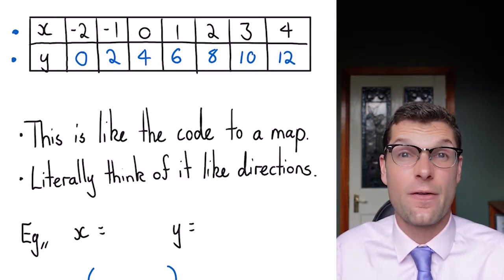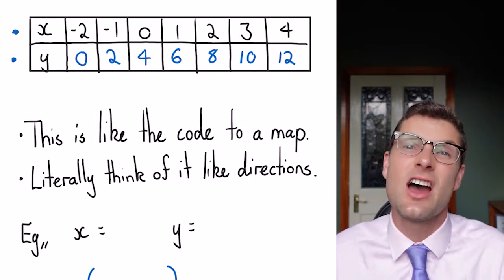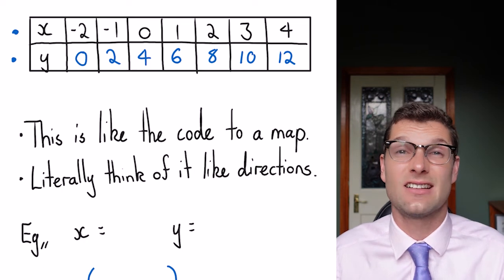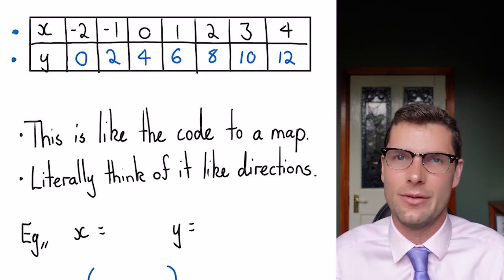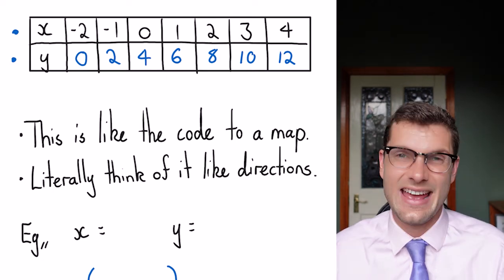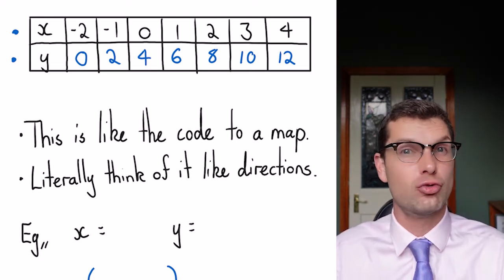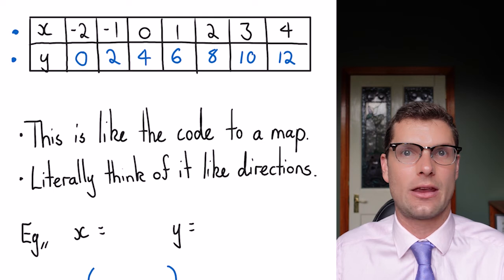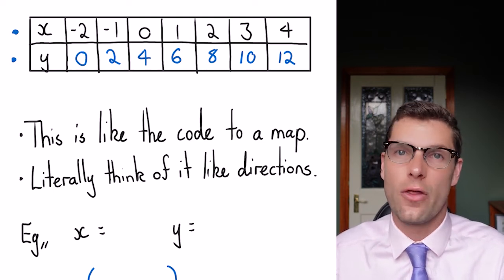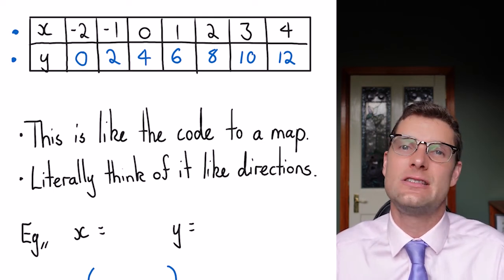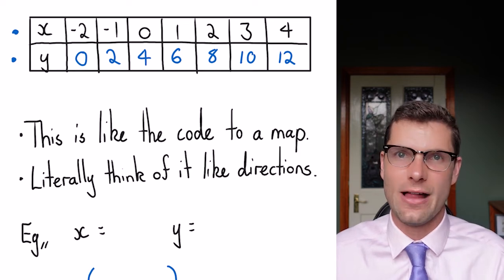So once we've got this fully filled out table of values, I want you to think about the coordinates like kind of the key to a map, just the easiest treasure map ever. All you've got to do is look at it as directions from where we are to where we're going. You start in the middle or the origin, and then we move depending on what the x and y values are.